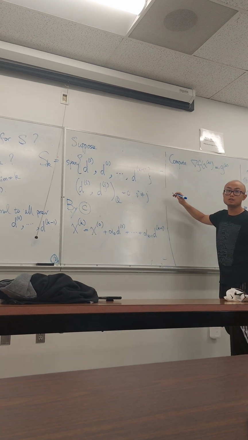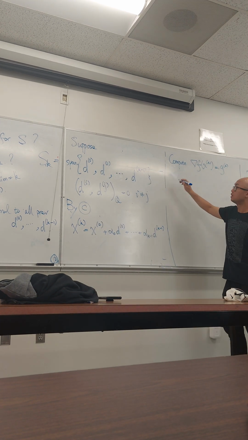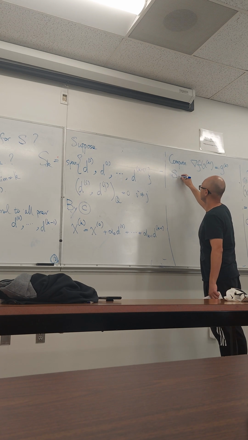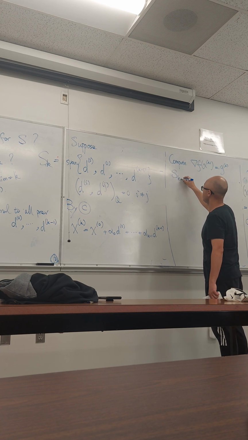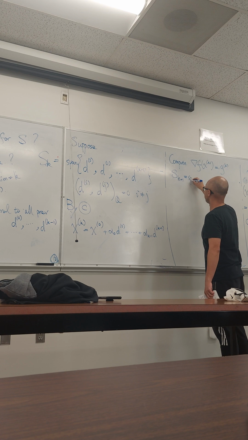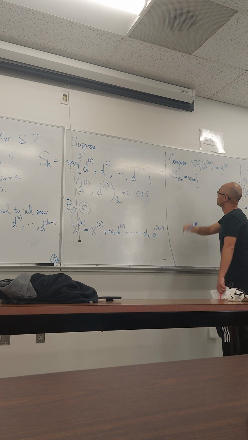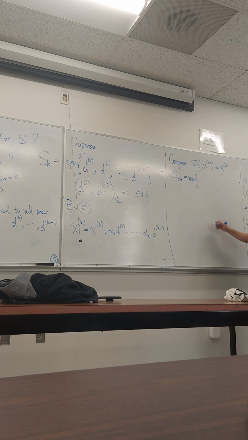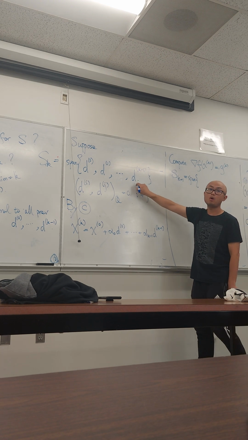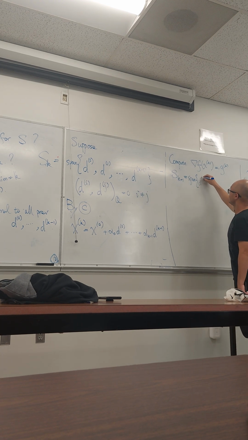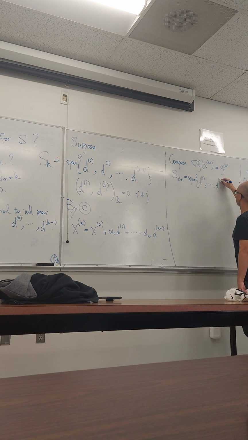Then what happens is S_{k+1} is the span of what? We have all previous k vectors, d0 to d superscript k minus 1.